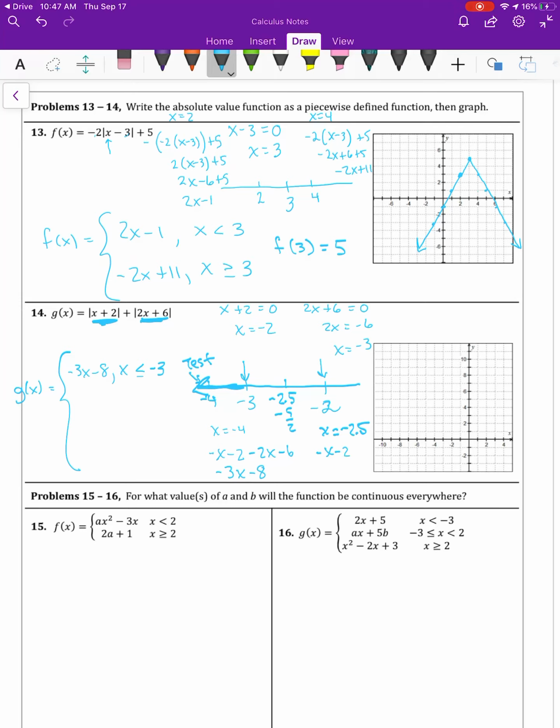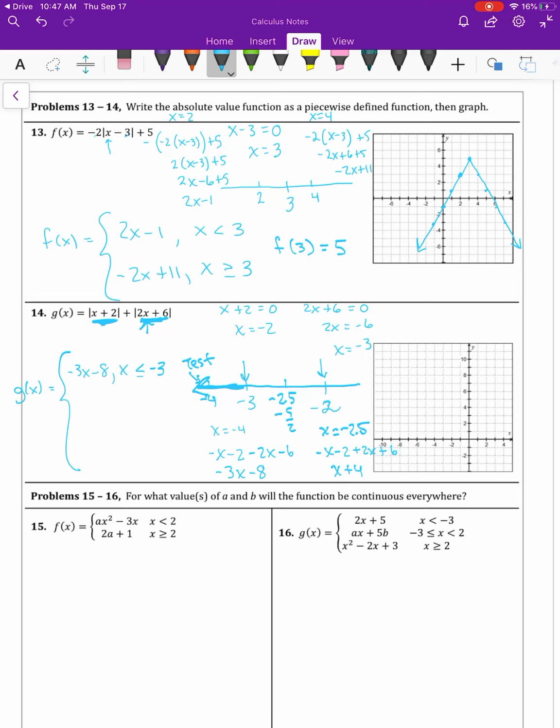And then when I put in negative 5 halves, it's easier to use on this one because the 2's cancel and you get negative 5 plus 6, so you get a positive value. So this one stays positive, positive 2x plus 6. Then add your x's, you get positive 1x, add your integers, you get positive 4.